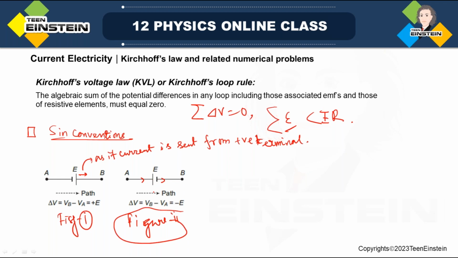So we are going from high potential to low potential, and as if here the current is sent from the negative terminal.